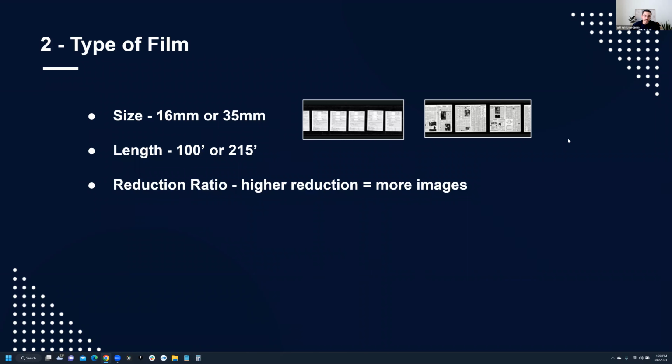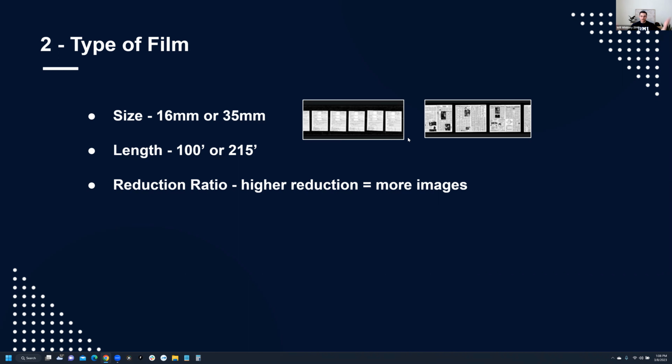Reduction ratio. Higher reduction equals more images. Now, what's reduction ratio? Let's take this 16 millimeter film here. Typically, a 16 millimeter roll of film will have a 24x reduction ratio. That means if I have a roll of film and I have 24x reduction, I take that image and multiply it 24 times. Now I have the original size 8.5 by 11 document.